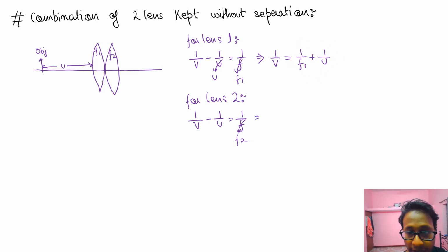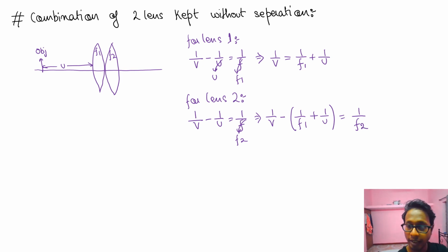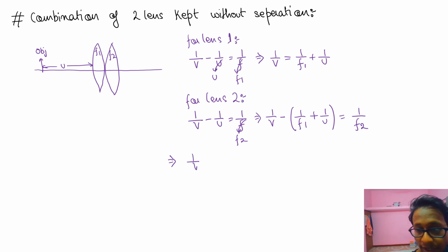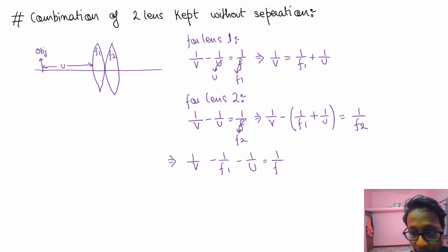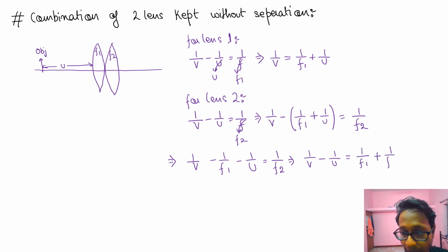So 1 by v minus (1 by f1 plus 1 by u) is equal to 1 by f2. If I simplify this, 1 by v minus 1 by u is equal to 1 by f1 plus 1 by f2.